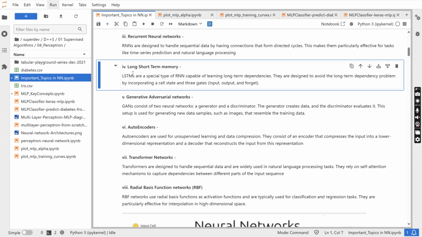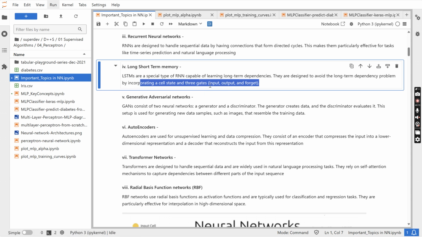Sorry, long short term memory. Long short term memory networks are the same as recurrent neural networks, as you could see below, but they can learn from long term dependency, as in they can remember the weights of previous layers, and they incorporate all of that into cell state and input, output and forget gates.